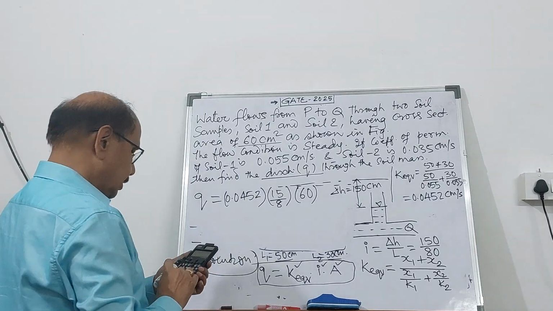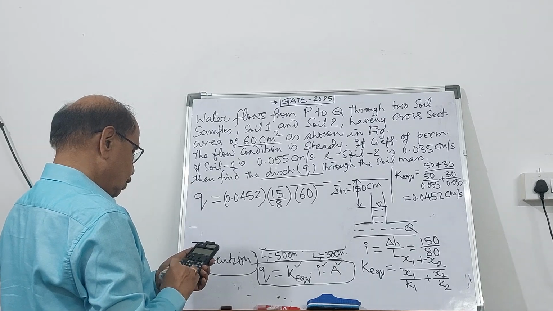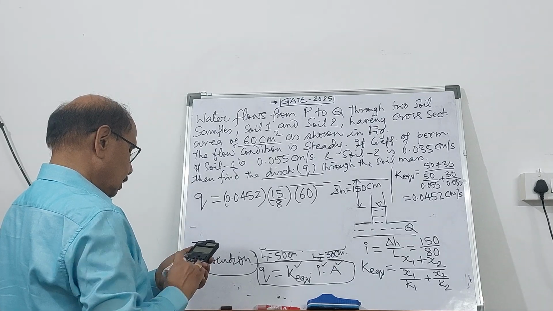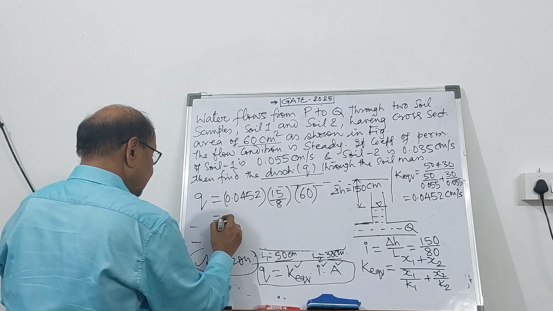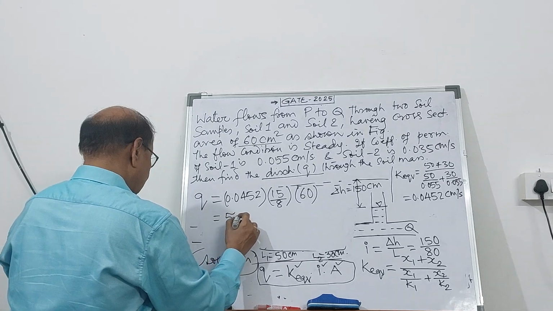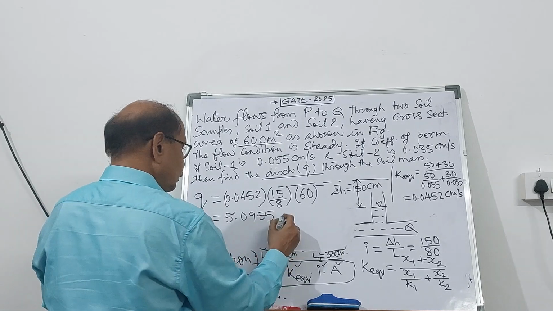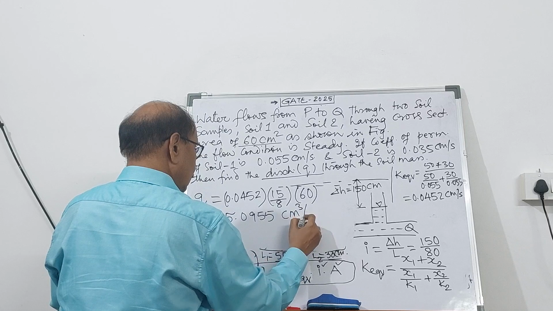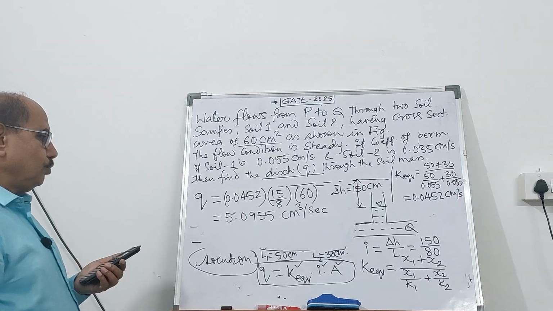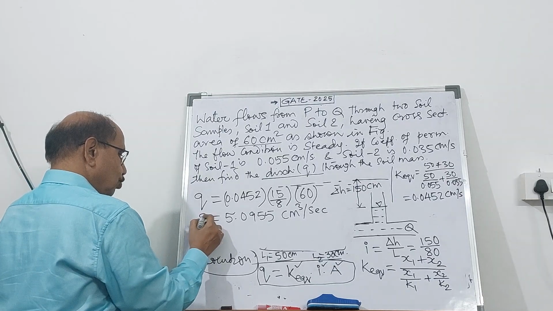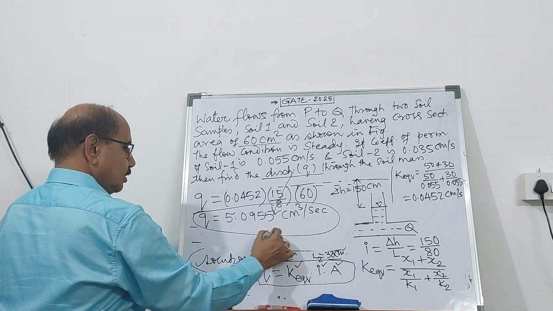So now let us calculate 15 into 60 divided by 8. So the answer is calculated. The rate of discharge, therefore, is 5.0955 centimeter cube per second. So Q value is this one. This is the discharge and this is the answer.